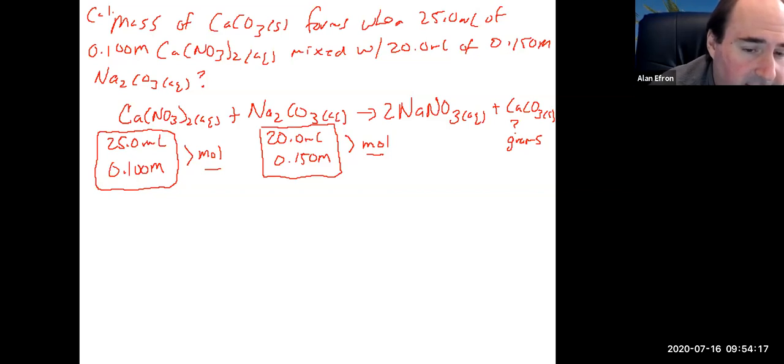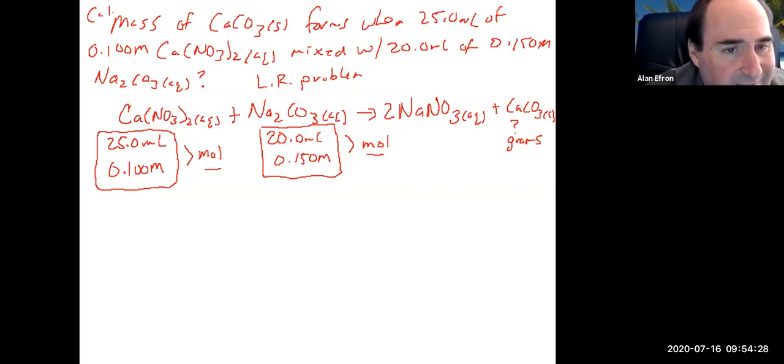So that means that this technically is a limiting reagent problem, right? Because just like what we talked about when we did regular stoichiometry, we're able to get to moles of each of these, which means we need to figure out which one's the limiting reagent. And that's the key: you have the starting amount of both reactants, and you need to figure that out.